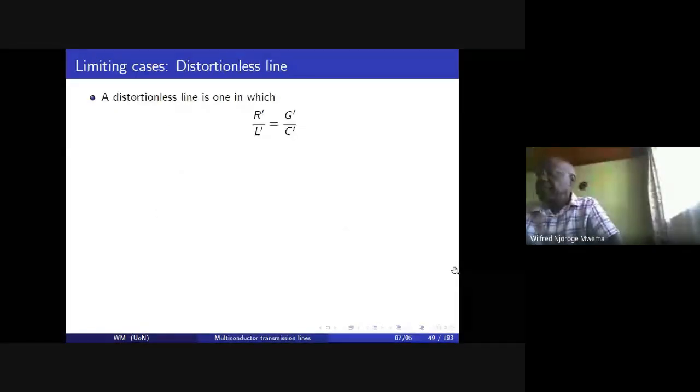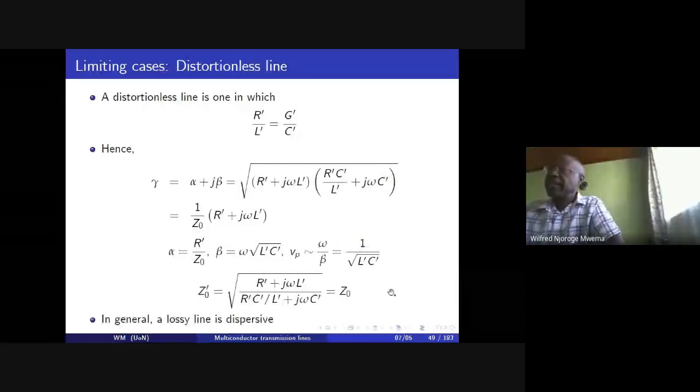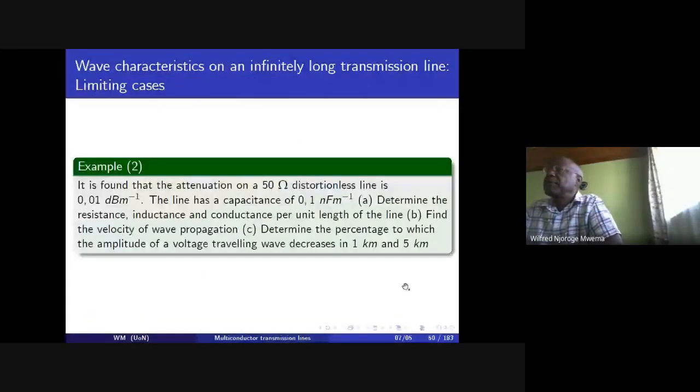After you do that, we can continue now, and I'll give you another example, and this is the following. In an experiment, it's found that the attenuation on a 50 ohm distortionless line is 0.01 dB per meter, and the line has a capacitance of 0.1 nanofarads per meter.